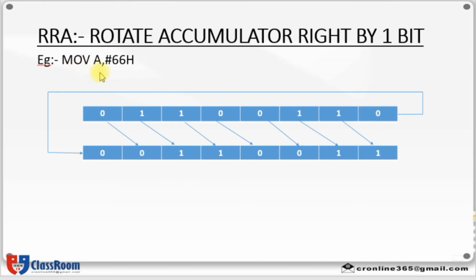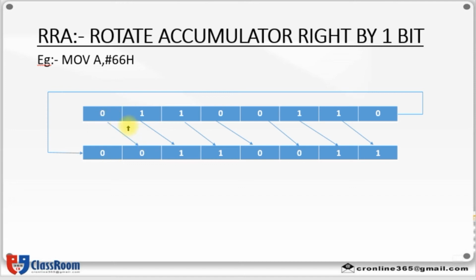For example, you can see here accumulator will be having the value 66. 66 can be represented as 0110, 0110. This is the least significant bit position. This D0 exits from here and will enter into most significant bit. So D0 bit will become D7th bit.